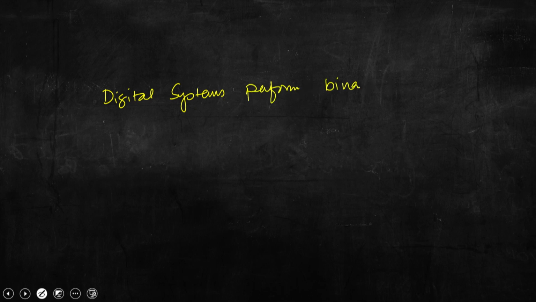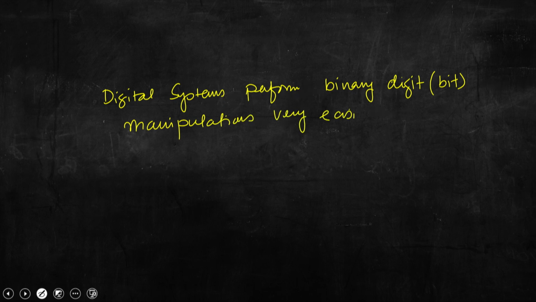Let me write here: digital systems, it can be a computer also, perform binary digit (bit) manipulations very easily by using logic circuits or gates.